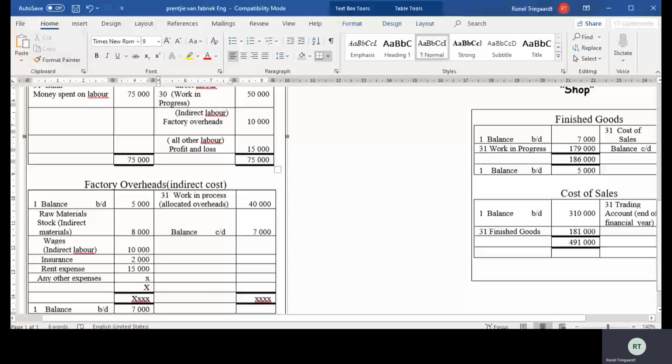Direct material, because next year when you do the production cost statement, you must be able to do a note for direct material cost. You must be able to do a note for direct labor cost. So that's why we do the labor account. You must be able to do a note for factory overheads. So that's why we do the account.